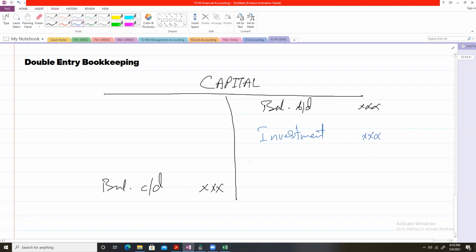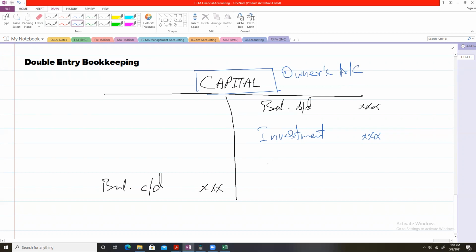In the same way, if the business makes a profit, the objective of running any business is to make profit. The main objective of any business is to make profits for its owners, and capital is the owner's account.